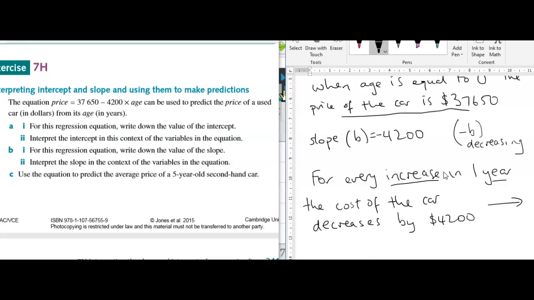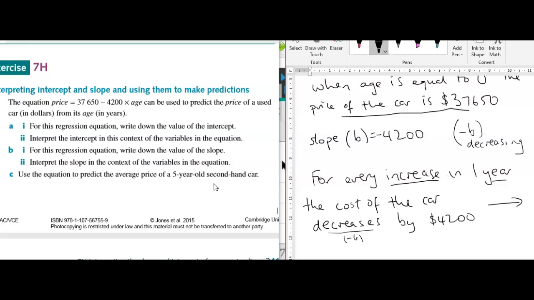The negative is represented by the word decreases, and if it was a positive slope, you would have increases here. So this is decreases if it's a negative b. We've got a negative b, but you write your number 4,200 because we've already accounted for that negative sign by saying it's decreasing.